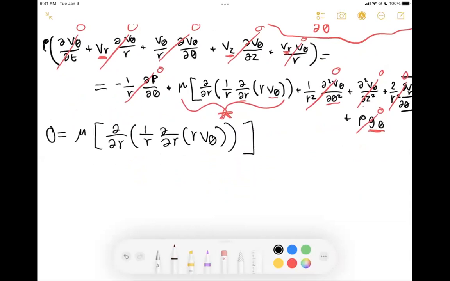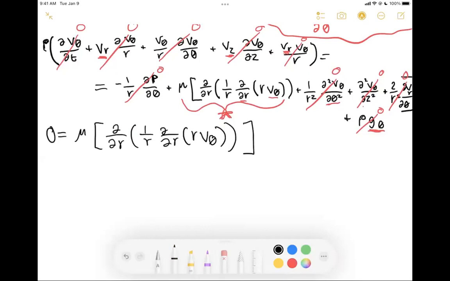And that is it. So with that being said, we are moving on and solving for v theta.